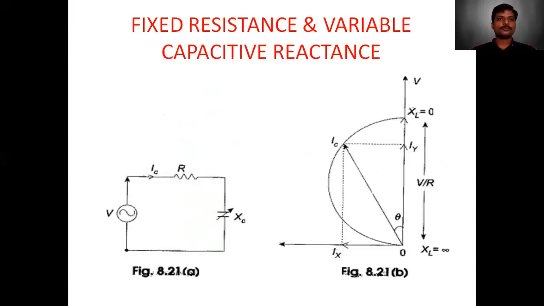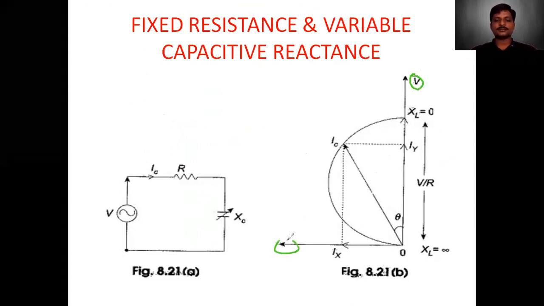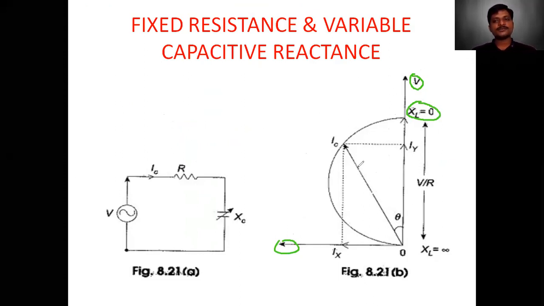So now what we will do is, first we will take voltage on the y-axis here and current on the x-axis. Okay. So when the reactance is 0, which means there is no capacitance, the current vector will be in phase with the voltage vector.